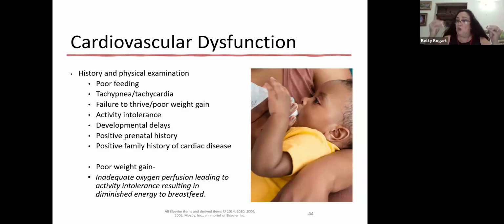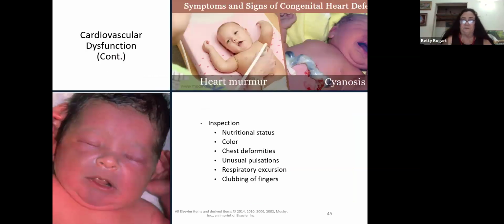As it continues over time, you're going to see weight not gaining and loss because of the burning. Okay, there's a difference. So, what are we going to do for these children? Well, we're going to weigh them every day. We're going to make sure that they're not gaining extra fluid weight, that they are losing weight.